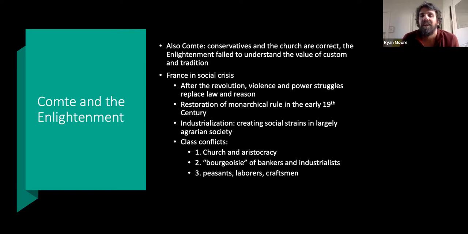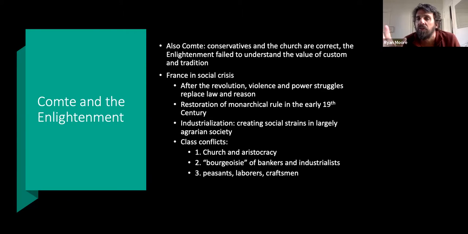There's a whole topic there that is a lecture unto itself. But also, besides the political power struggles, Comte is also seeing the disorder that is being created by industrialization, right? So he is seeing the social strains, the conflicts that are being created, even though France was still at this point pretty pre-industrial.